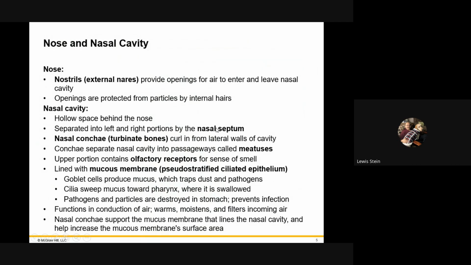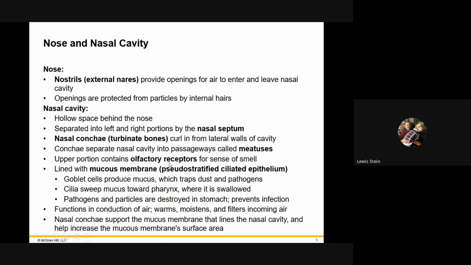There's a cartilaginous portion and a bony portion. The bony portion you're familiar with: the vomer and the perpendicular plate. I know it's Anatomy 1, a long time ago, galaxy far away. The conchae, the turbinate bones, basically create surface area. That's about as much as you have to know.